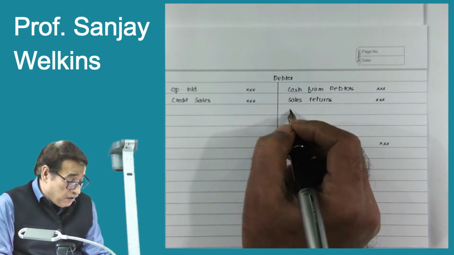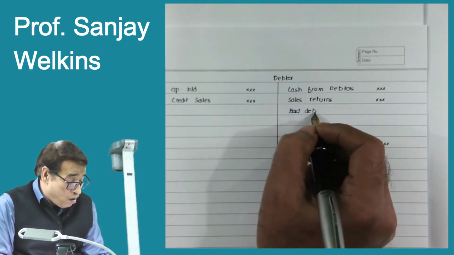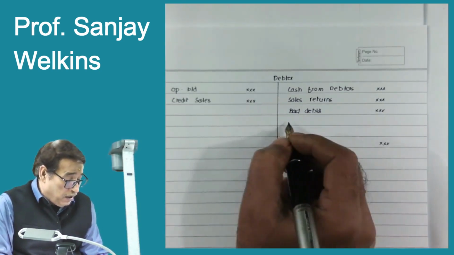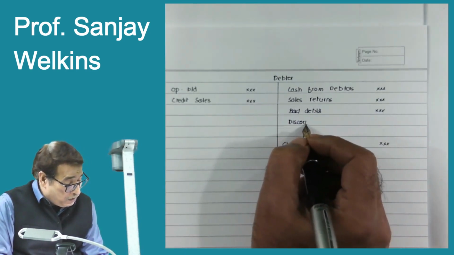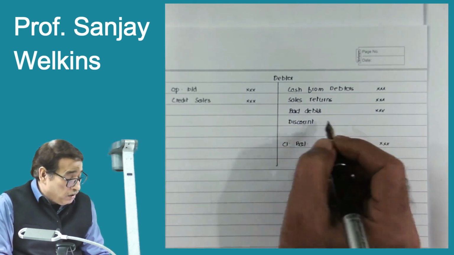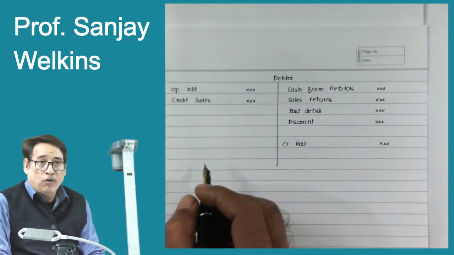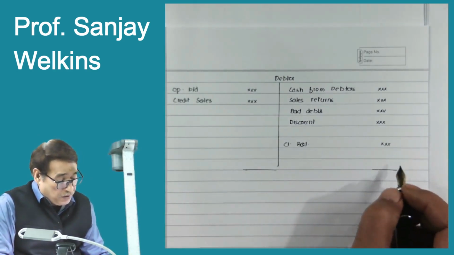Sometimes debtors become bad, so bad debts will also be put towards the credit side of the debtors account. Similarly, if we have given any discount to the debtors so that they make the payment before the maturity date, discount will be put towards the credit side. This is the format of the debtors account.